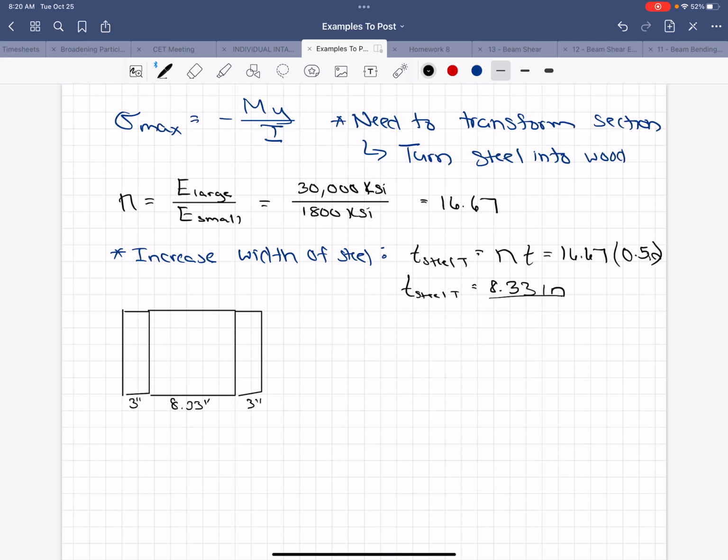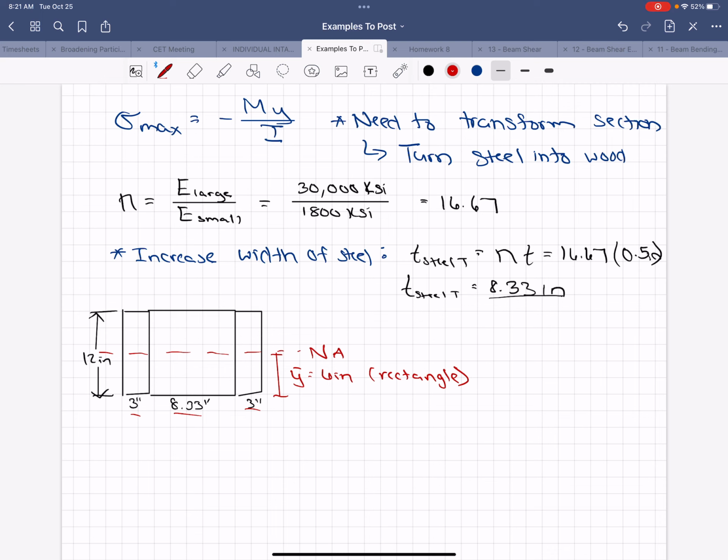We have a rectangle, so our neutral axis goes right through the middle. The whole depth was 12 inches, making our y bar, the distance from the bottom to the neutral axis, equal 6 inches, just halfway up, because it's a rectangle. Now, the moment of inertia is a little easier here because we just have a rectangle.